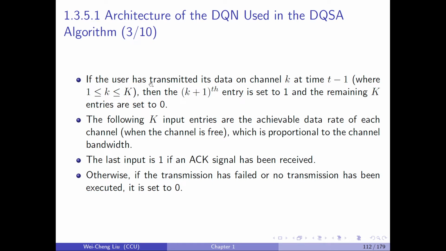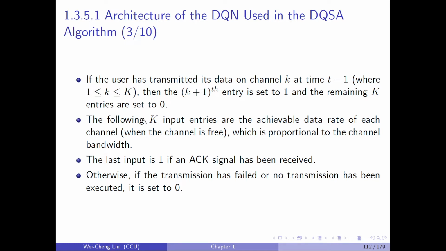If the user has transmitted its data on channel small k at time t minus 1, where 1 is smaller than or equal to small k, and small k is smaller than or equal to capital K, then the small k plus 1th entry is set to 1, and the remaining capital K entries are set to 0.